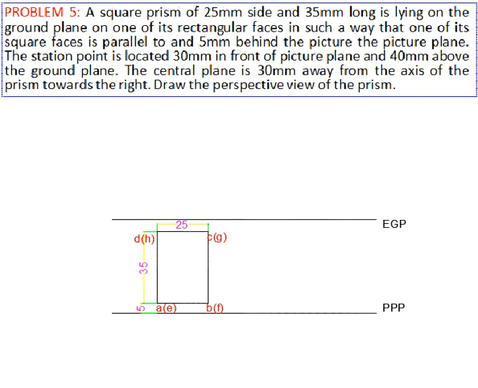Front view is a square. Just 25. So this is the front view. Mark all the points.